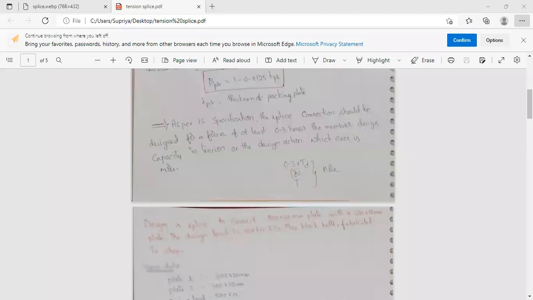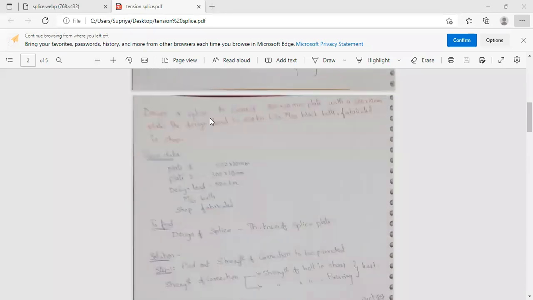Let us discuss a problem on this. Design a splice to connect a 300 into 20 mm plate with a 300 into 10 mm plate. The design load is 500 kilonewtons. Use M20 black bolts fabricated in shop. This is the given problem.